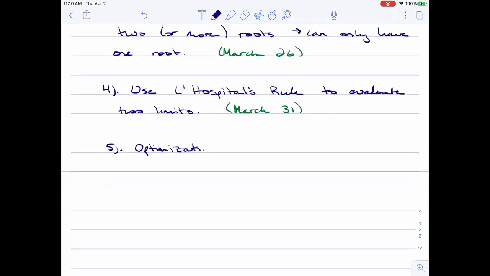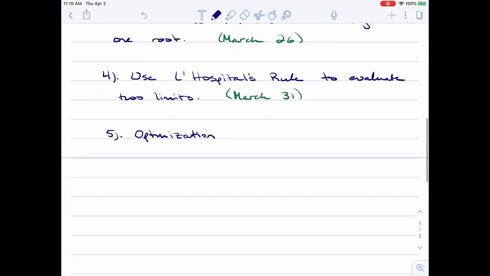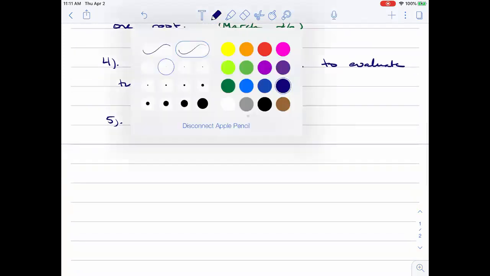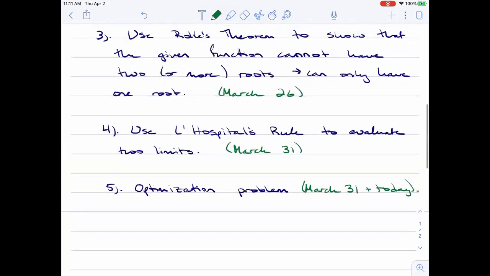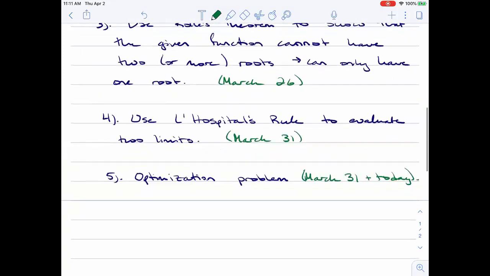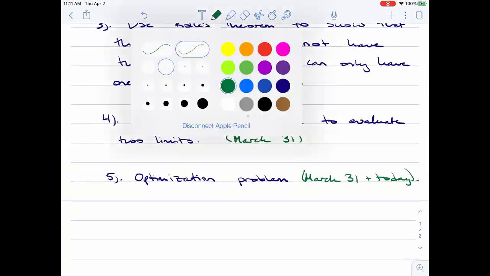Optimization, and then it'll be just if you have any questions. Optimization problem, which is from March 31st, and of course, today. So 5 questions. That's the end of the test.